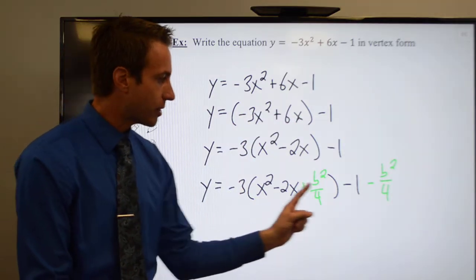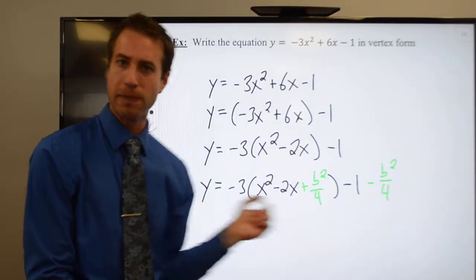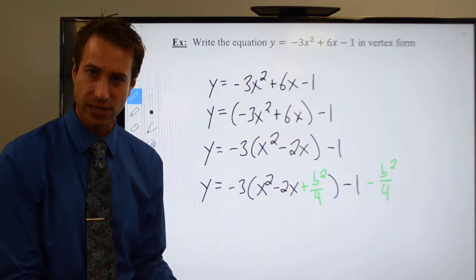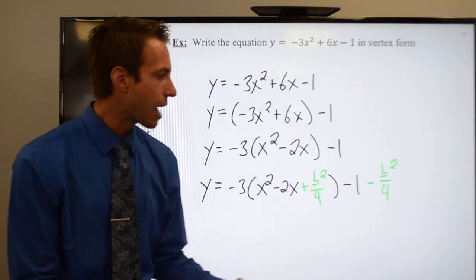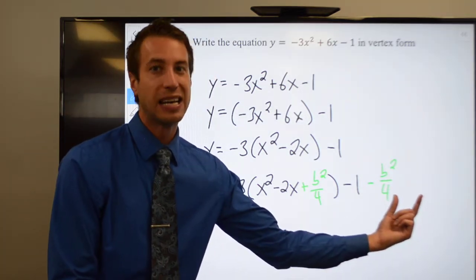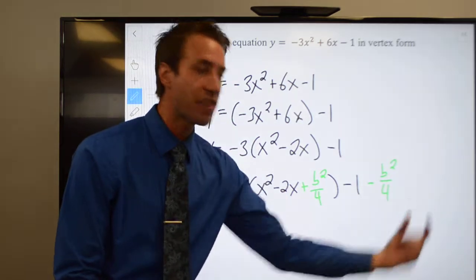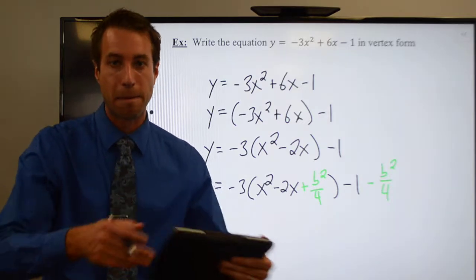But when I distribute the negative 3, it doesn't make it all the way out here. It only gets distributed through the parentheses, right? So how do I account for the negative 3 that I pulled out? I have to remember to put that negative 3 back.